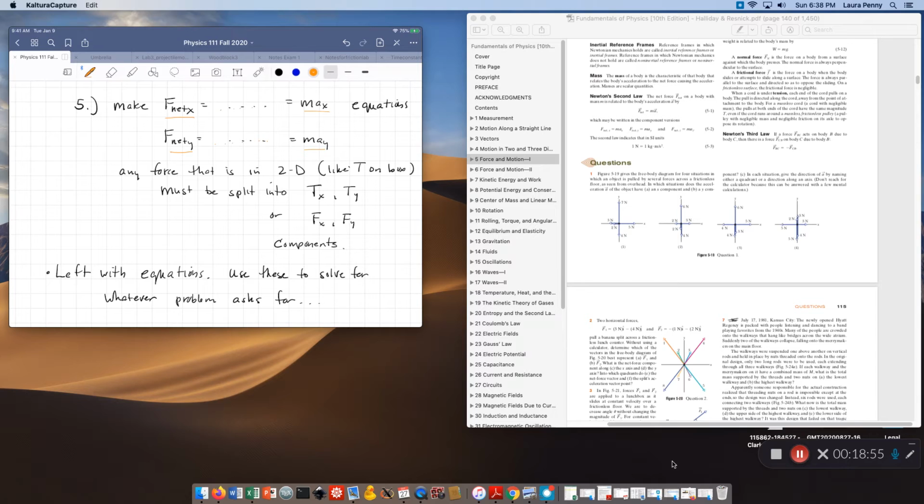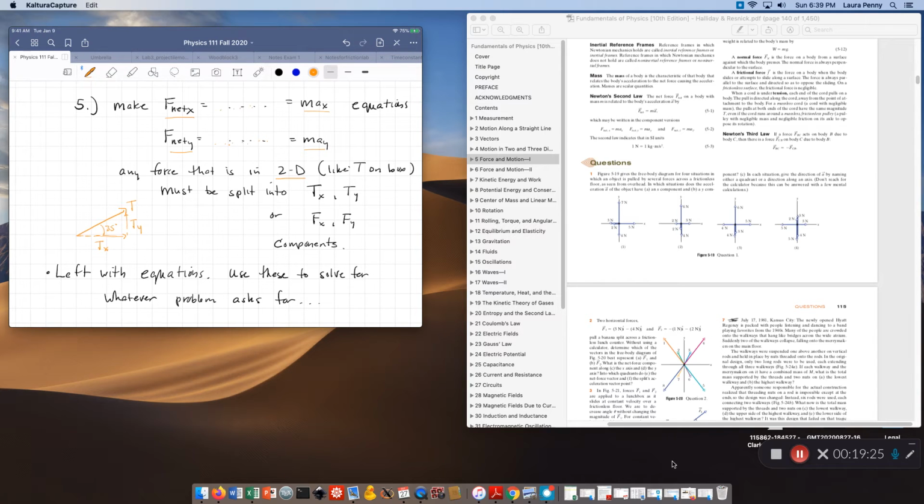If you have a force which is in two dimensions, it's not completely x, it's not completely y, like we did for that tension force where we had the tension off at an angle of 35 degrees, then you're going to have to split that force into an x part and a y part, and those go into their respective F net y and F net x equations.